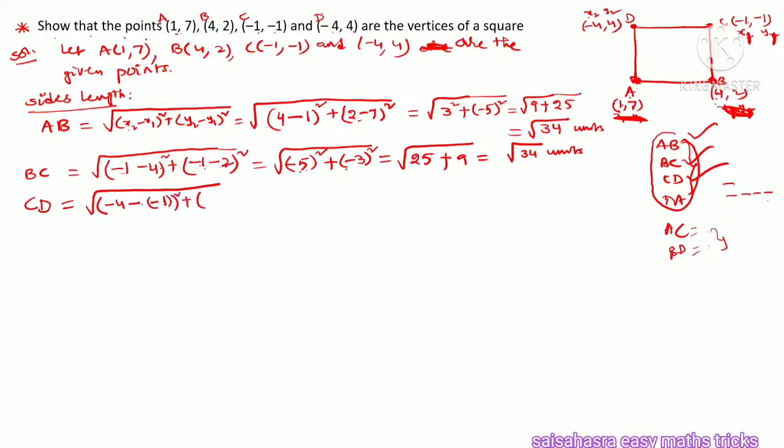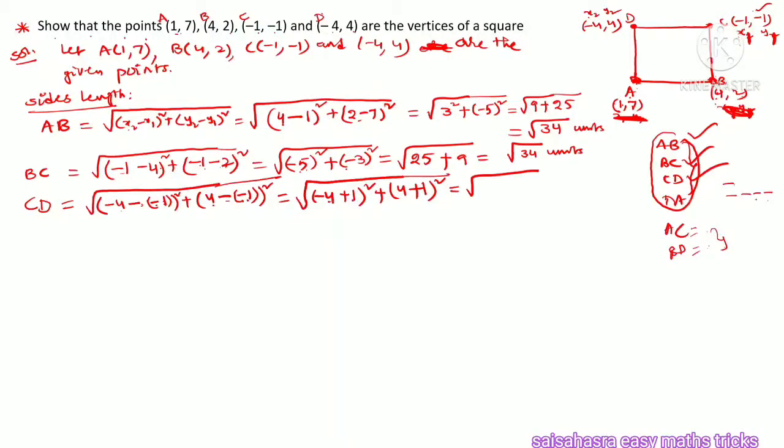Square plus y2 minus y1, y2 is 4, minus y1 is minus 1. Side by side symbols, you can separate them. Square, then simplification: minus 4 minus, minus plus 1 whole square plus 4 minus, minus plus 1 whole square.